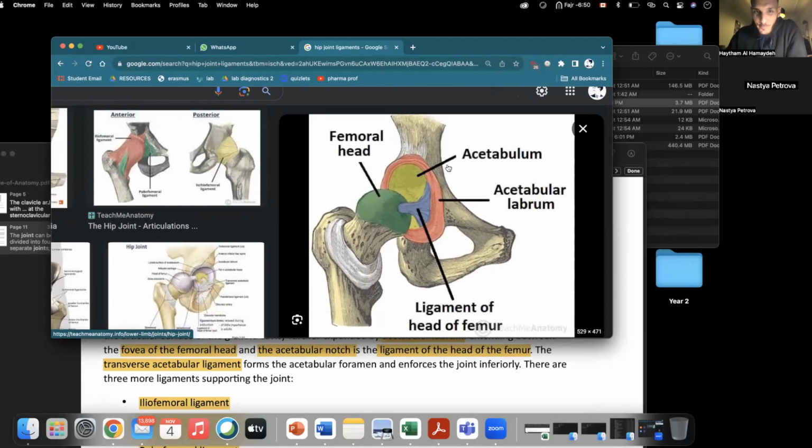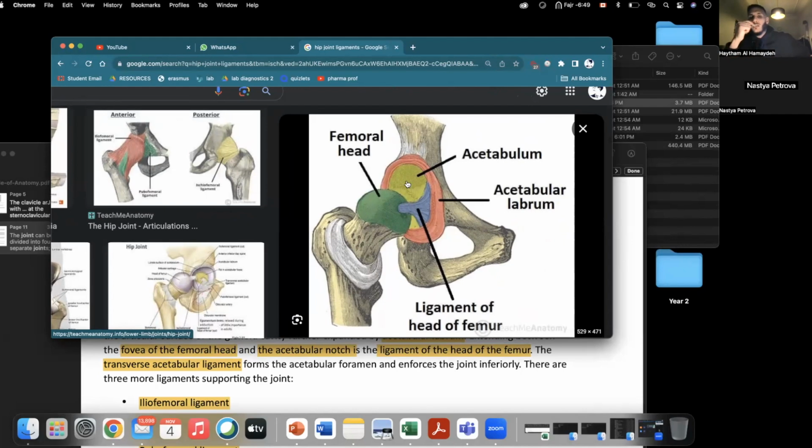Okay, first bones: femur and acetabulum. That's the femur, that's the acetabulum. Second thing, we want to know what type of joint. Ball and socket. That's the ball, that's the socket.